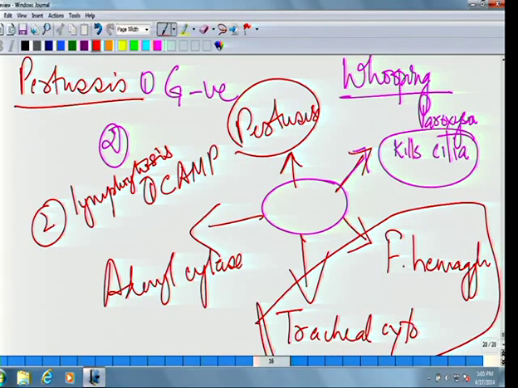But the paroxysmal coughing, the whooping cough, is generally not seen in adults. So for pertussis, the virulence factors are important: filamentous hemagglutinin, tracheal cytotoxin, adenylate cyclase, and pertussis toxin, which causes elevation of cyclic AMP.